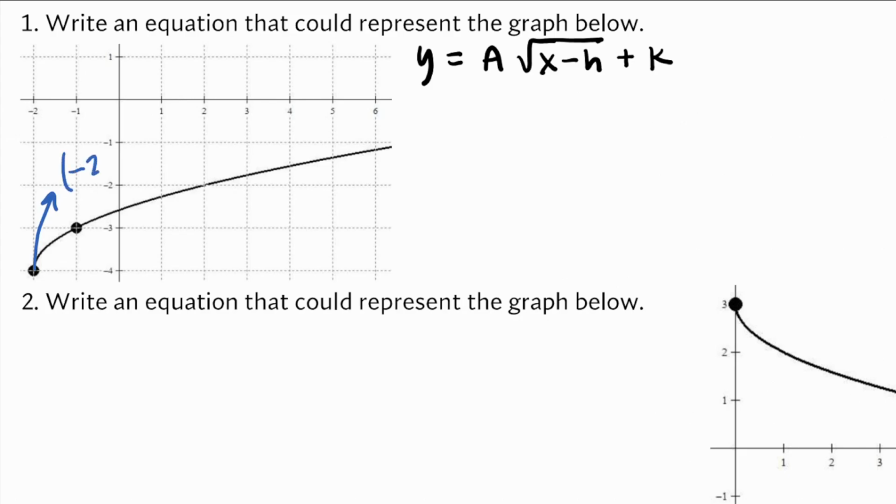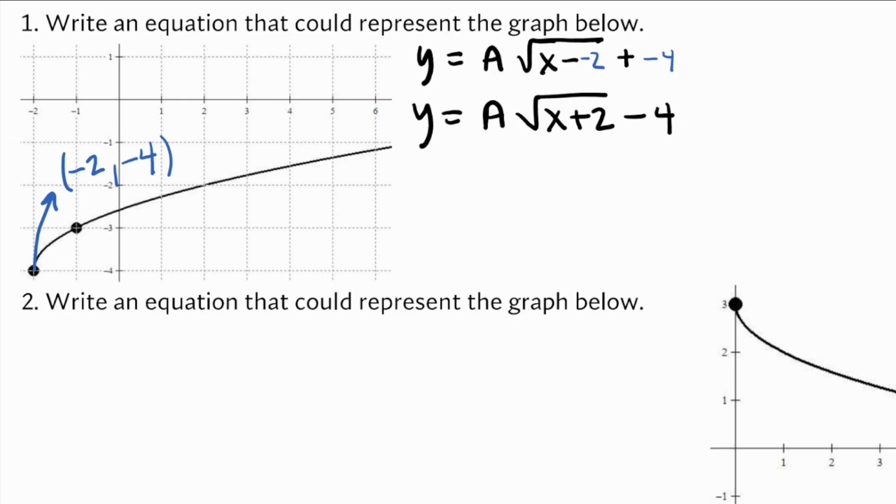So I'm going to just plug in x minus -2 plus the -4. We can write that a little nicer. We can say y is equal to some number times the square root of x plus 2 minus 4.